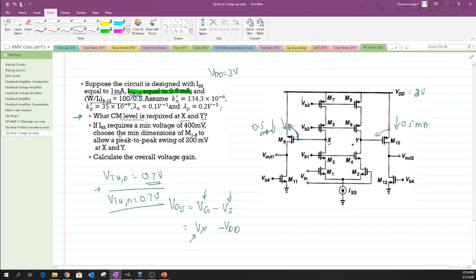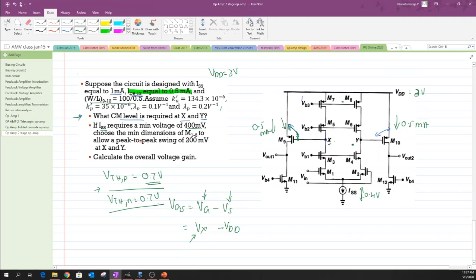So once you compute the common mode values, the next set of questions will help you identify the VOE values for all these transistors starting from M1 to M8, including the voltage drop across the ISS. In this case, the voltage drop across the ISS is said to be 0.4 volt.